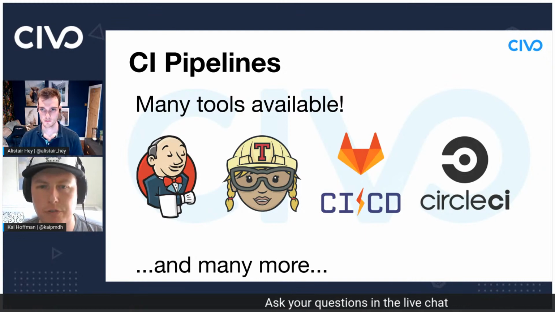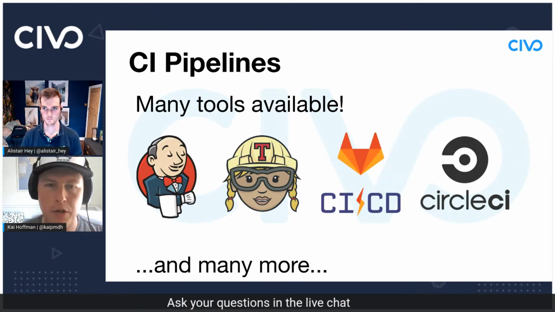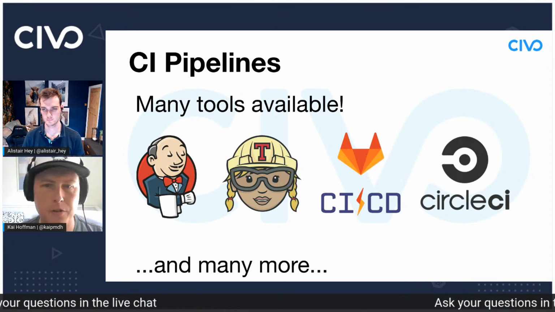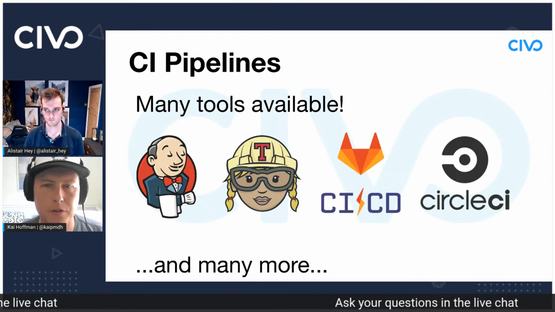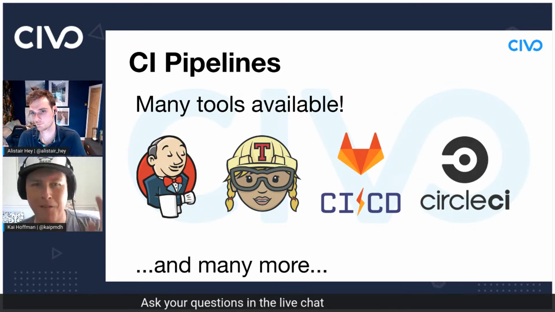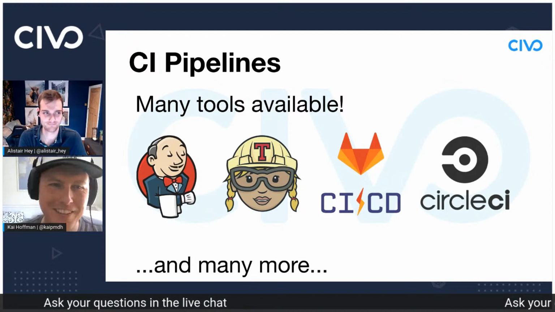There's loads of different tools for this, ranging from Jenkins to Travis CI to GitLab CI/CD and CircleCI. There's loads of companies, and they all do all of it really well, just in slightly different ways.